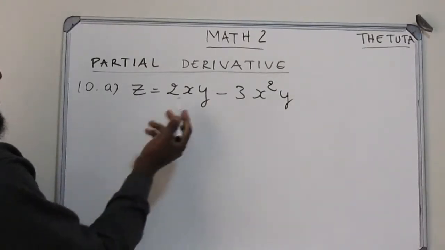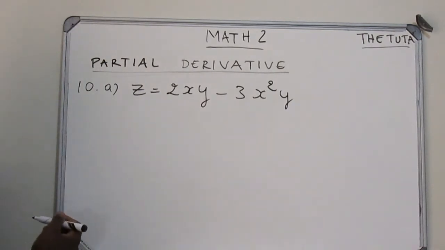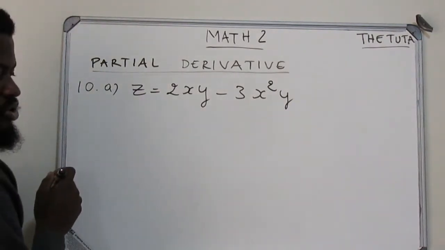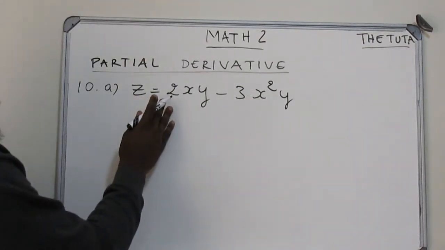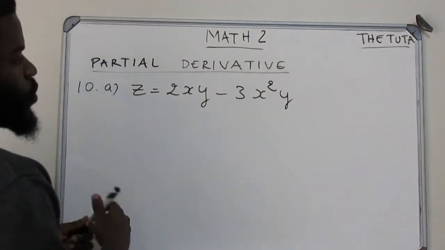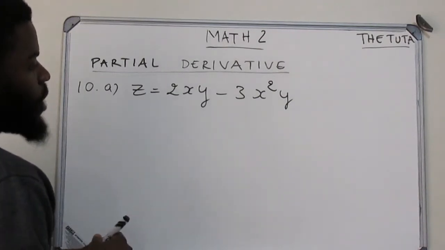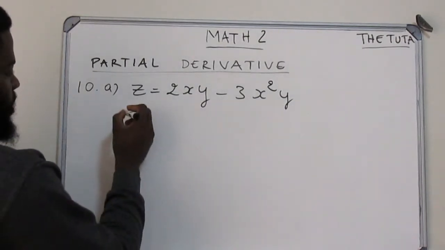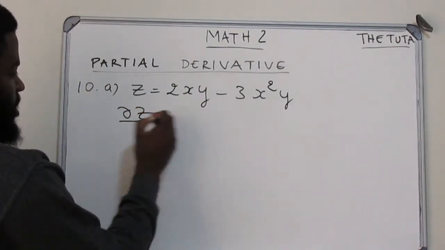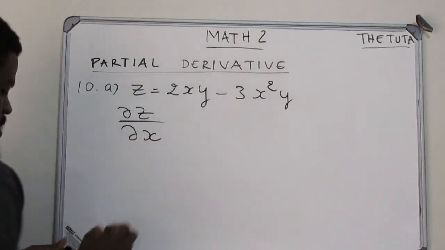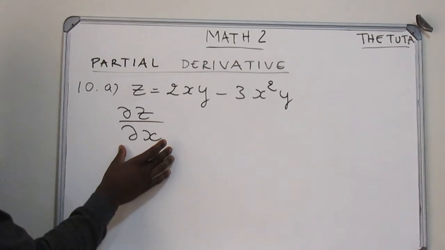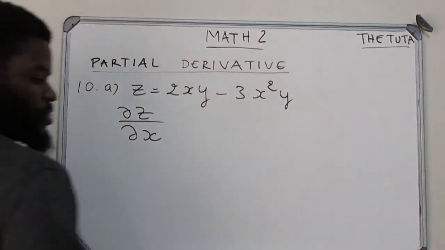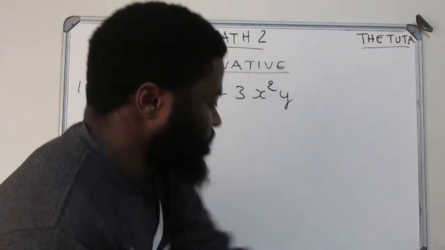Okay, guys, let's look at this example. This is from your tutorial 2 questions, 10a. You are given z is equal to 2xy minus 3x squared y, and they ask you to find the partial derivative of z with respect to x. What are you going to do here? You have to regard y as your constant.